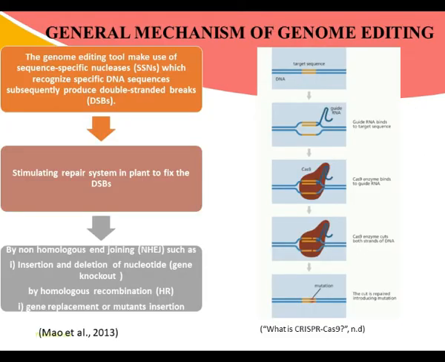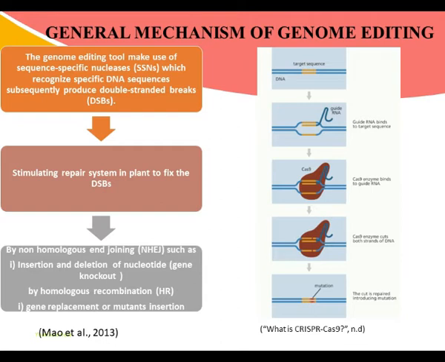Next slide is the general mechanism of genome editing. Genome editing tools make use of sequence-specific nuclease (SSN), which recognizes specific DNA sequences and subsequently produces double-stranded breaks (DSB). And then it will stimulate the repair system in the plant to fix the DSB.